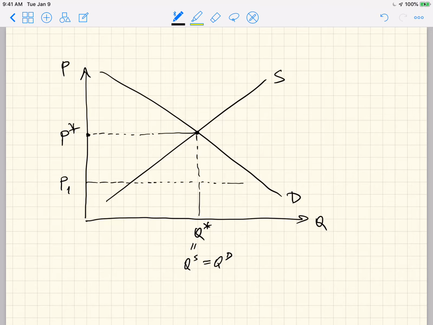Based on this price, we can figure out using these curves that quantity demanded will be that large, right? QD1, and quantity supplied at this price is of course smaller, and this is what we call QS1. So there is a mismatch between those two quantities, and that basically represents a shortage.